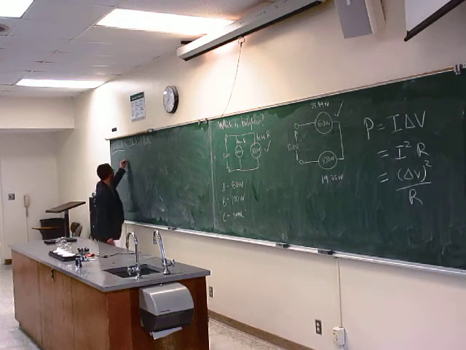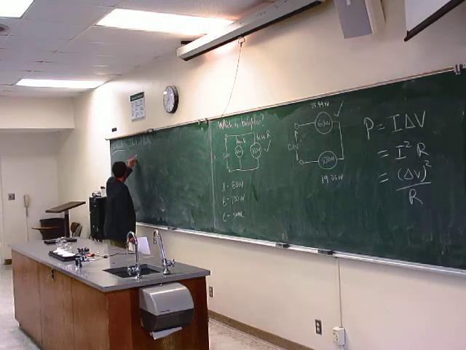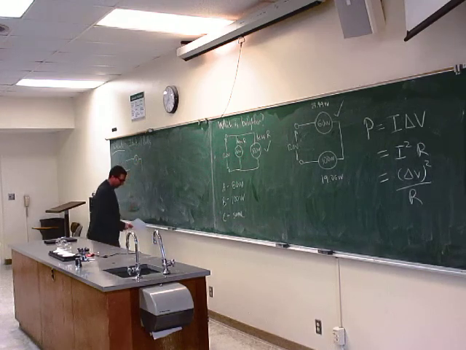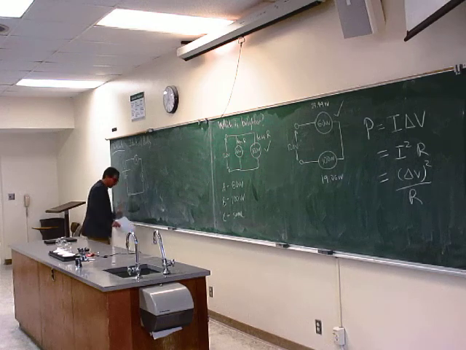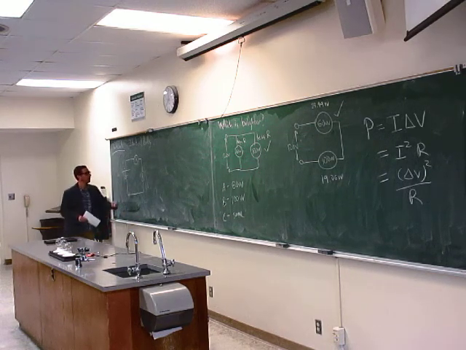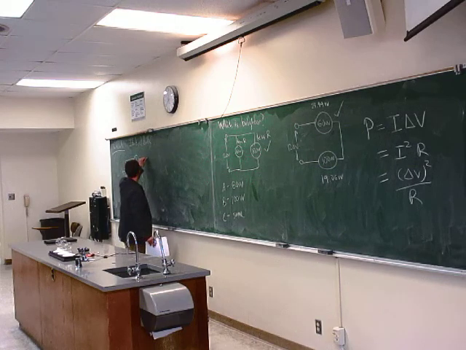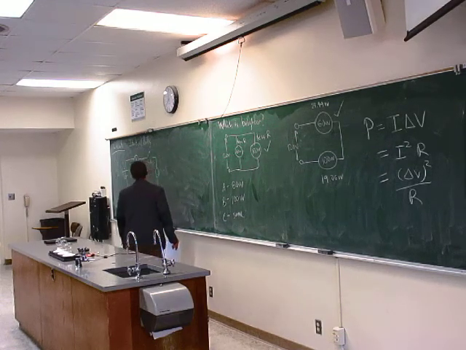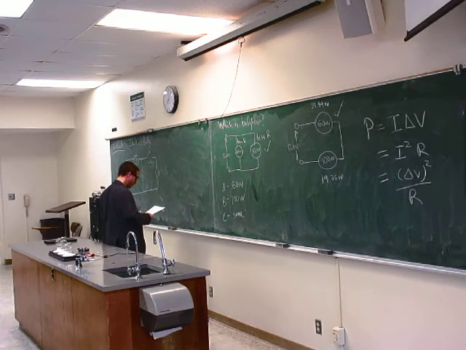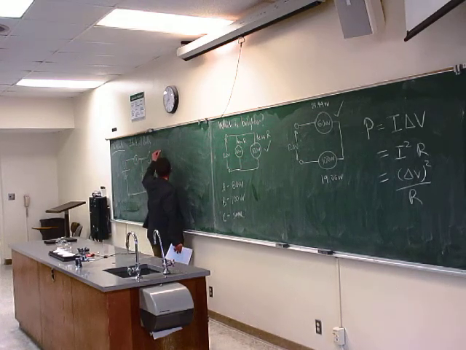And I'm going to connect bulb A to bulb B, and then back to ground. And then I'm going to make a switch here with the third bulb, C. So close the switch.